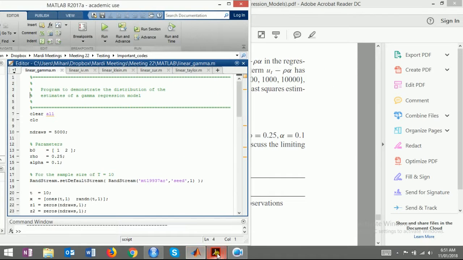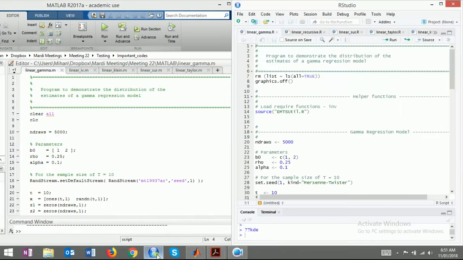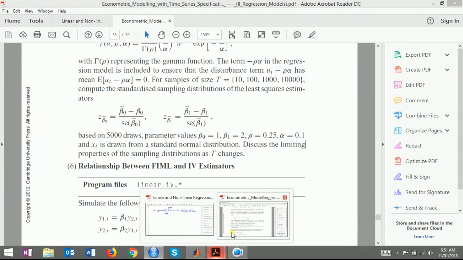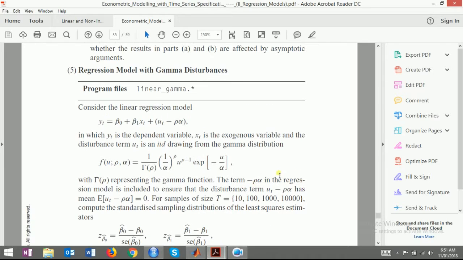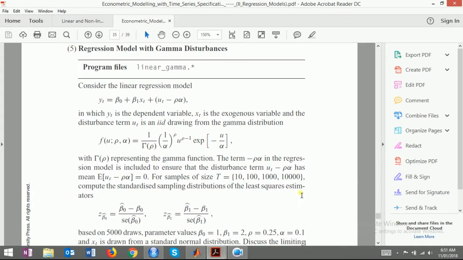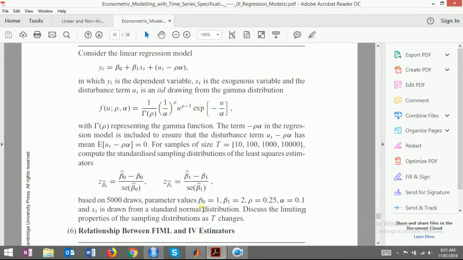Linear gamma. First, the problem is giving us some values already. We have a gamma random distribution, and we have t, which is 10, 100, 1000, up to 100,000. We need 5,000 iterations. Beta naught, rho, alpha, all these values are given to us.